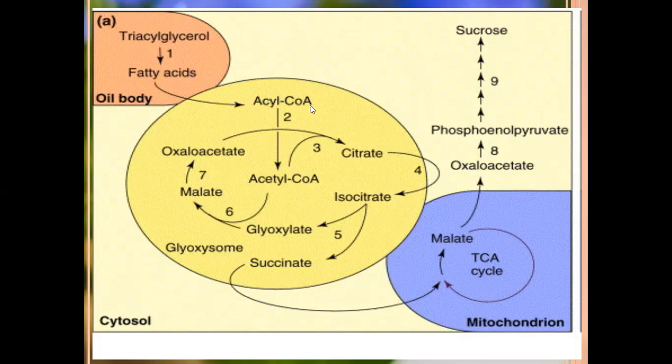From these long chains of carbons, only two carbons are released as acetyl coenzyme A, and the remaining carbon chains are present as it is in the form of acyl coenzyme A. Just consider one example here: an acyl coenzyme A containing 10 carbon atoms.